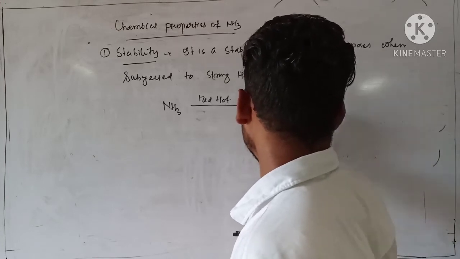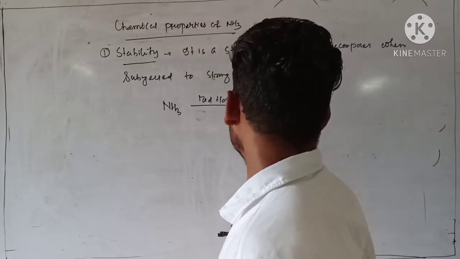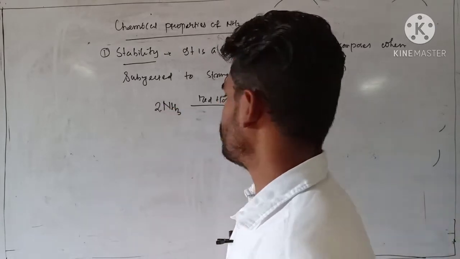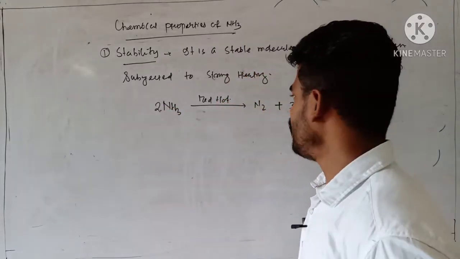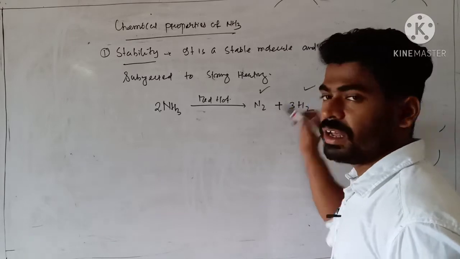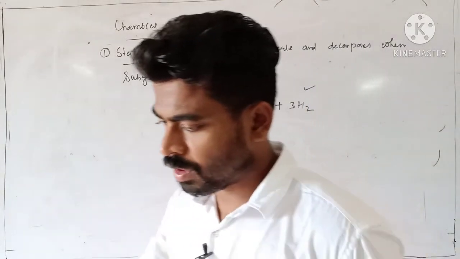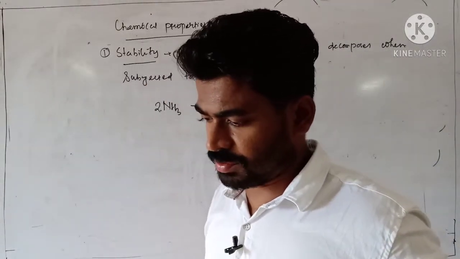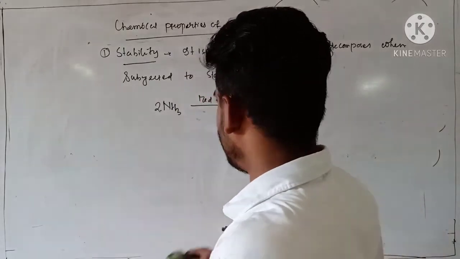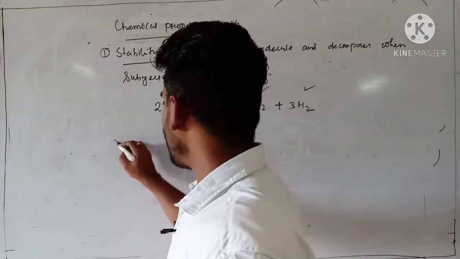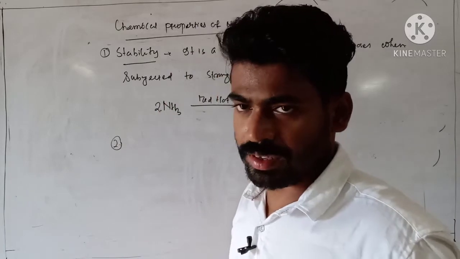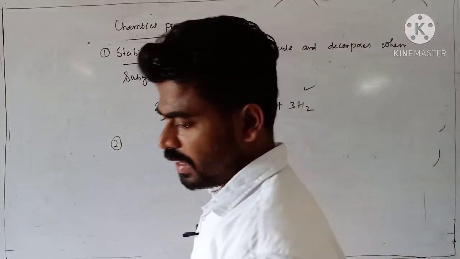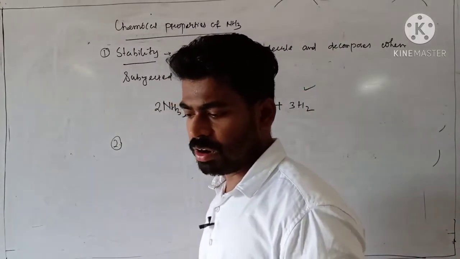N2 plus 3H2, so 6 hydrogens are there, you can multiply by 2 here. 2NH3 giving rise to N2 and 3H2. Okay, clear.